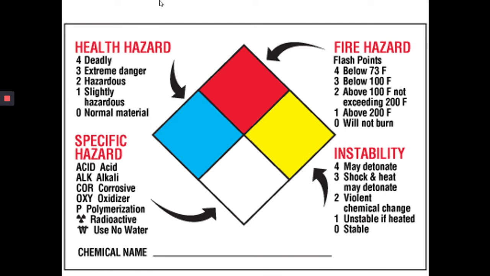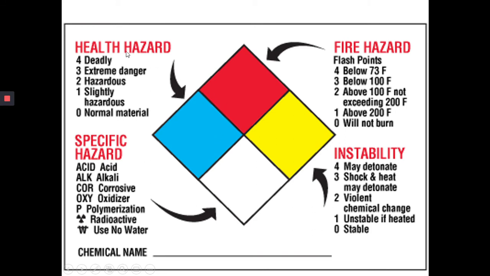For example, the red quadrant of the NFPA symbol symbolizes the fire or flammability hazard. The yellow quadrant symbolizes the instability hazard. The white quadrant symbolizes the specific hazard, and the blue quadrant symbolizes the health hazard.